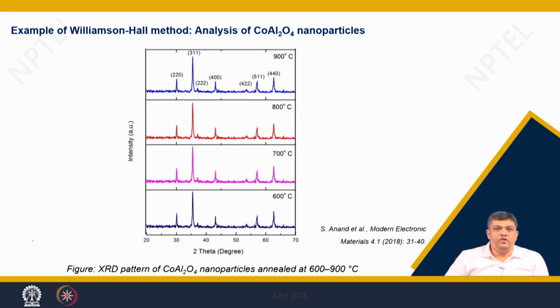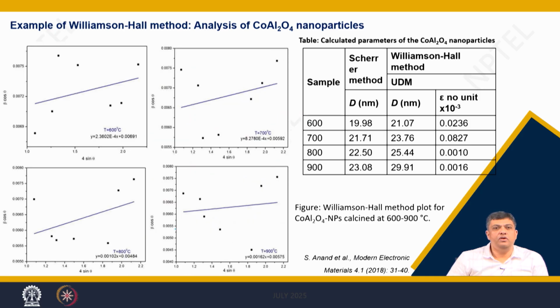You can also have complex structures, and when you prepare them at different temperatures, so now you have changed the temperature at which you are preparing these materials, you can see that there are some changes in the peak broadening, and with that you can calculate the change in the strain.